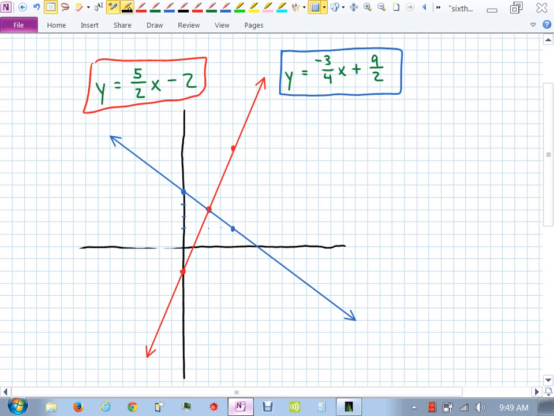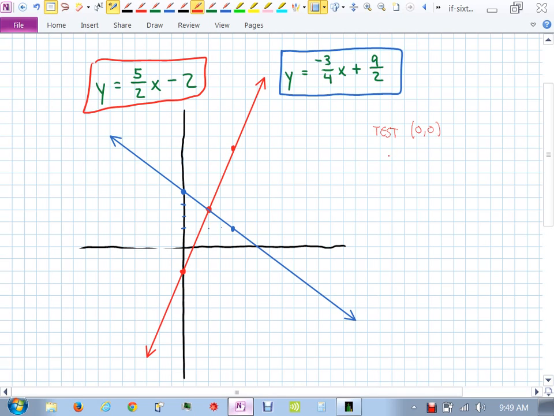We need to shade, let's say for the red line, one side of the red line. Now, how do we figure out which side to shade? Test a point. And which point can we test? 0, 0 will work, right? So let me go ahead and test for the red one. I'm doing it in red. Test 0, 0. And I test it into the original inequality, right?